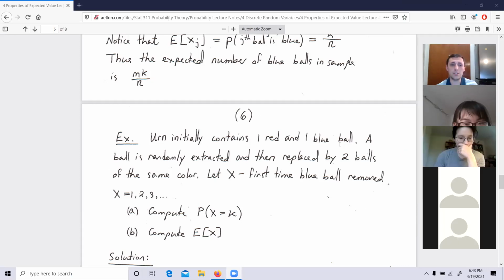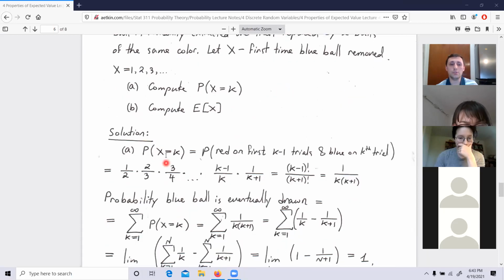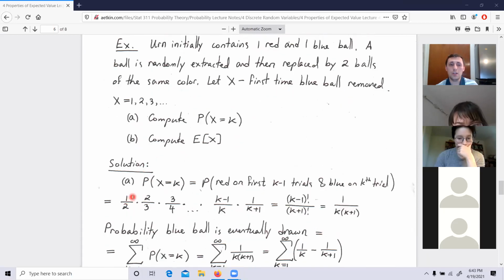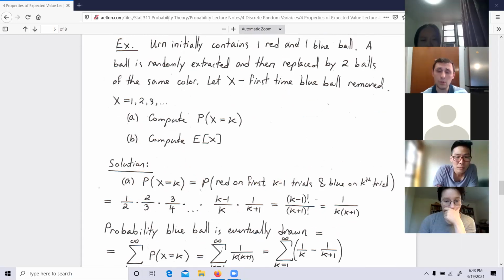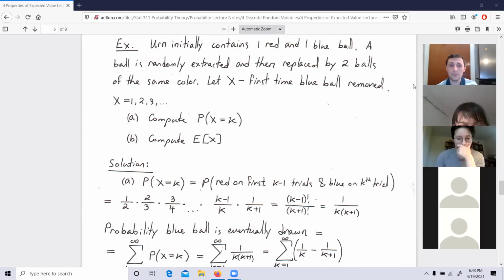So here is the situation, right? You can just calculate it as a product. If I remove it for the first time on the k-th trial, then the previous trials were not removing a blue ball, which means first I remove the red ball, then the probability that I am not going to remove the blue on the next trial is 2/3, because now I have 2 reds and 1 blue.